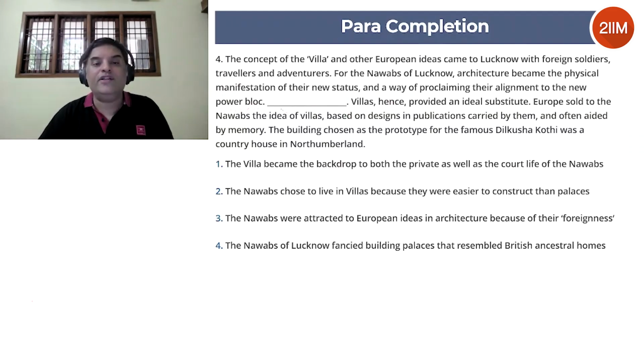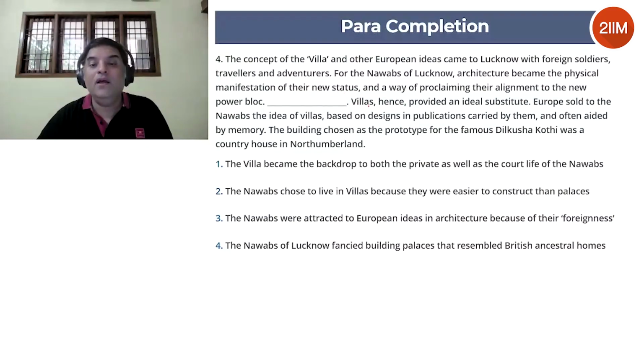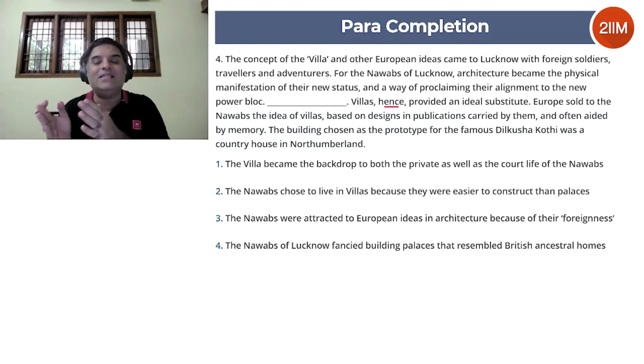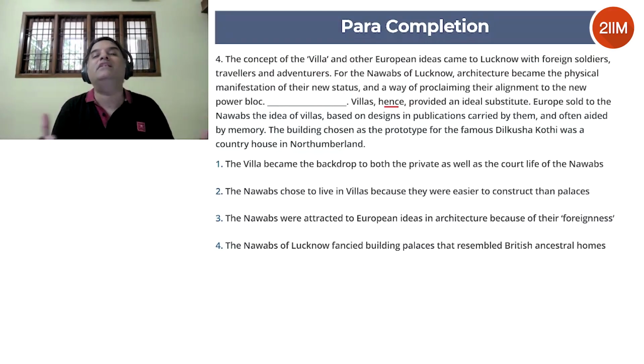All right, so then we have the blank. We've understood the preceding part of the blank. Now let's understand the succeeding part. Villas hence provided an ideal substitute. It has the word hence, which is a big clue. It means the sentence before this will give you the reason why villas provided an ideal substitute.